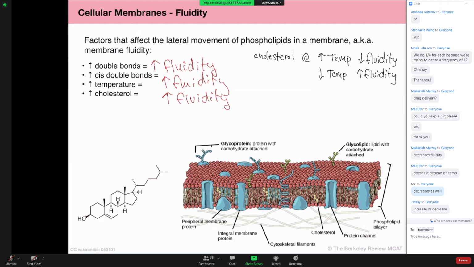The thing to know, and why you guys say decreases, is that at body temperature, so at 37 degrees Celsius, cholesterol will actually decrease fluidity. So is everyone satisfied?